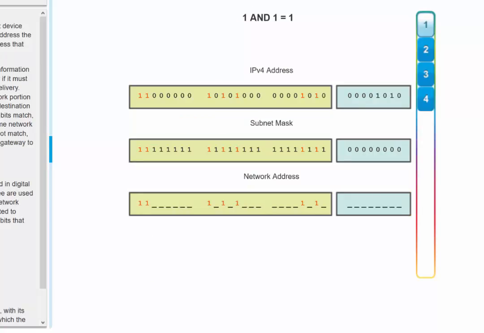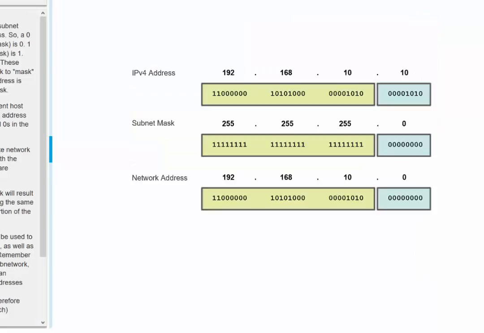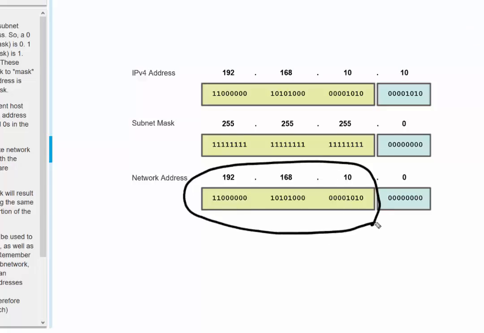Here that explains the AND operation, and I assume that students are familiar with the ANDing operation. If we AND 1 and 1, the result will be 1. Otherwise, if we AND 1 to 0, the result will be 0, or 0 to 1, the result will be 0, or 0 to 0, the result will be 0. This is how to AND the IP address with the subnet mask in order to isolate the network part from the host part, and then we take this host part and use all possible combinations.